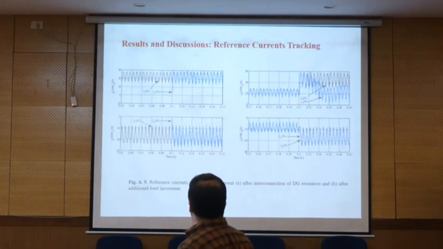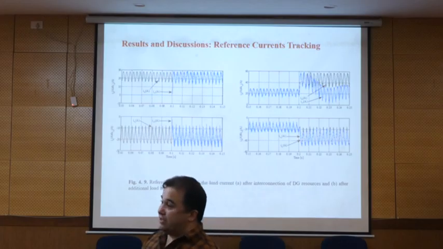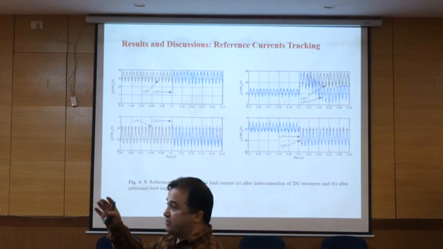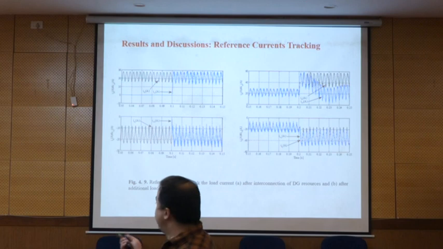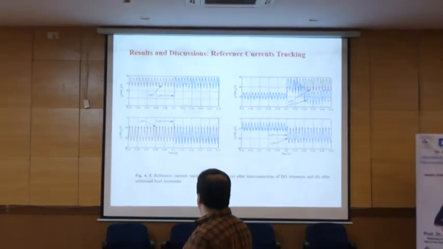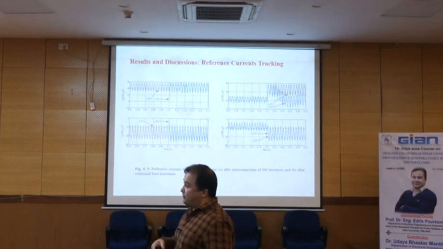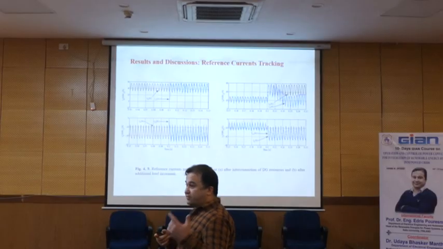So for this case, we have a gap. But before the load increment, the maximum power injected from the DG to the load is bigger than the load demand, so we can compensate all of it. Here we cannot compensate, and the fundamental frequency is partially from the grid.